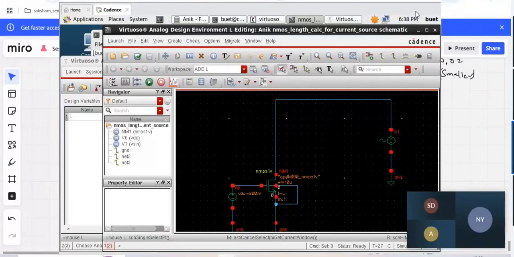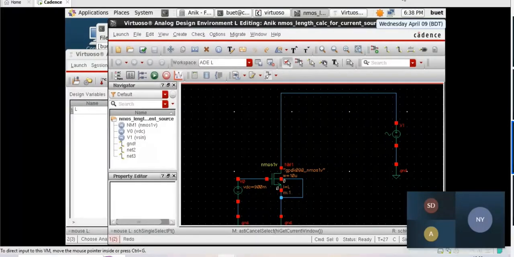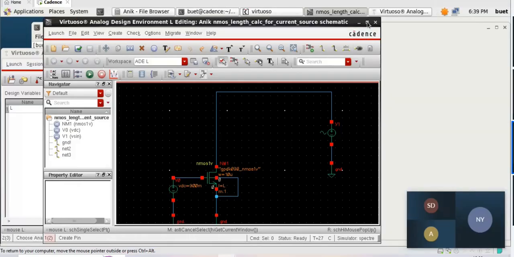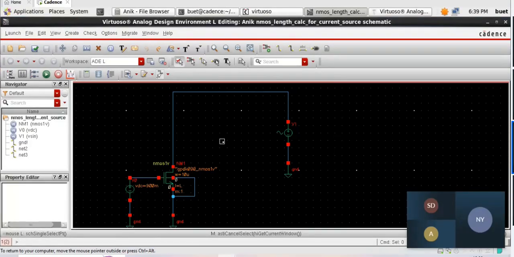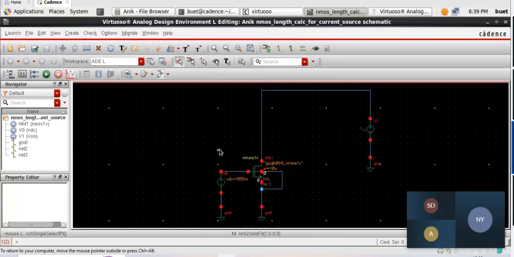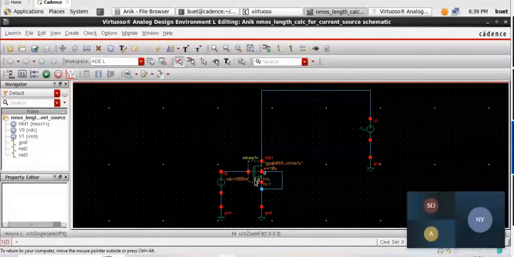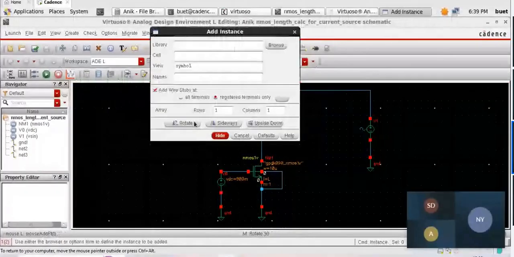So I have this particular circuit already designed. I have just taken an NMOS, just to save time. I'll tell you how I take the NMOS. I'll just press I, add instance, go to the library.